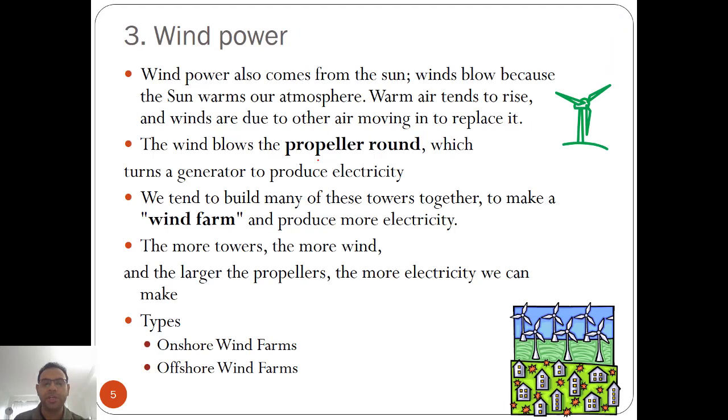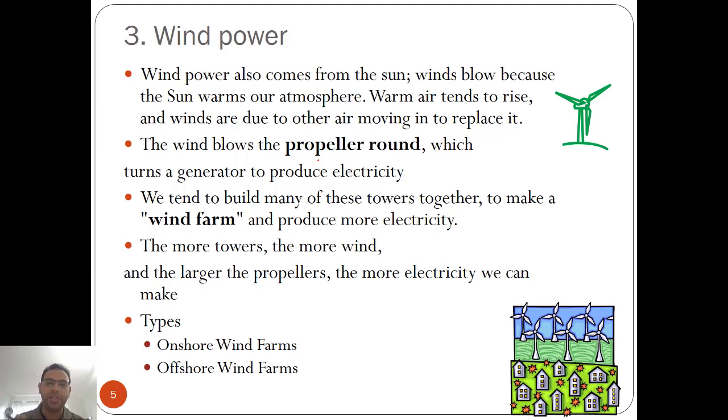Okay. So, starting with the wind power. As we discussed in our first lecture, wind power actually comes from the sun. The main source of wind power is the sun. So when wind blows, we can extract that energy and use it to produce electric power. What is the concept?